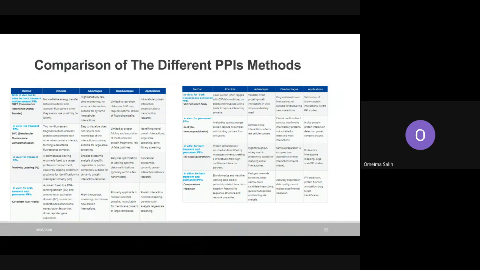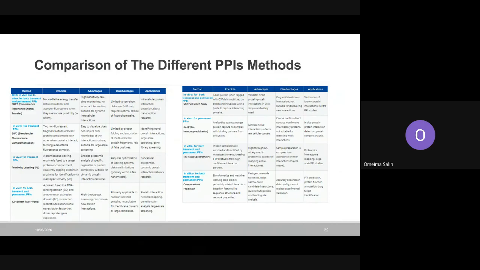Other types of methods, like mass spectrometry, are in vitro. This is mainly used to identify the type of proteins based on the structure of the amino acids, the ions of the amino acids. So you are actually mapping a protein within a large scale or a complex environment.